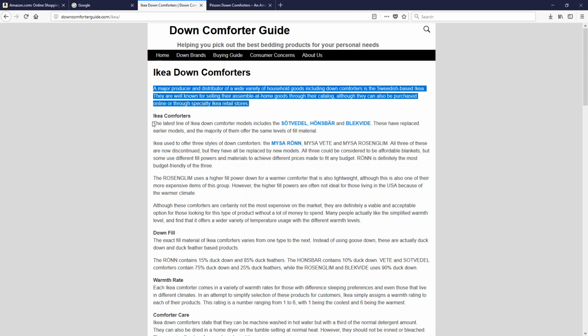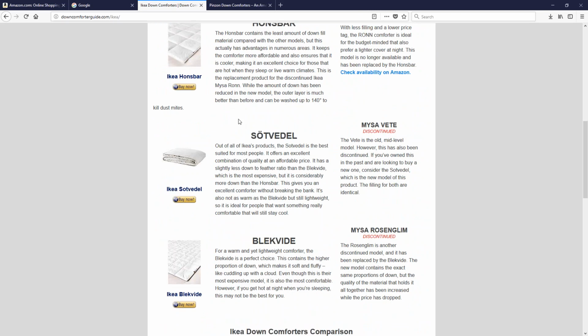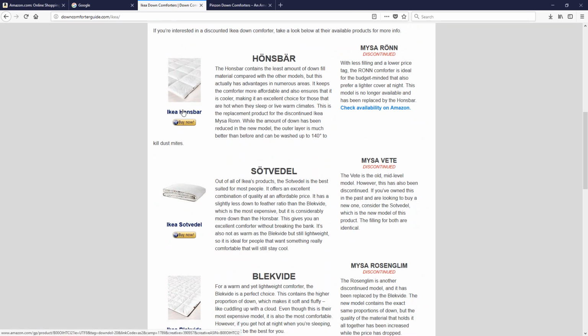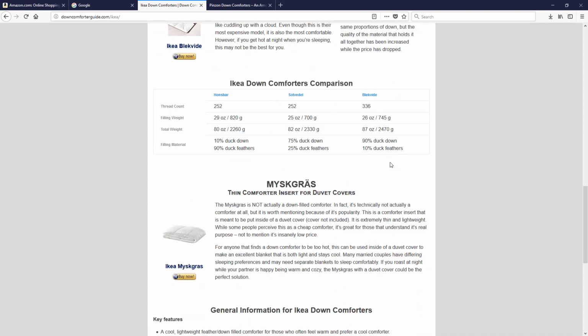Then I talk about IKEA in a little more detail just about their comforters. I've even expanded into talking about a few aspects of these down comforters on this page. Then I talk about the products and I include my advertising for those products.